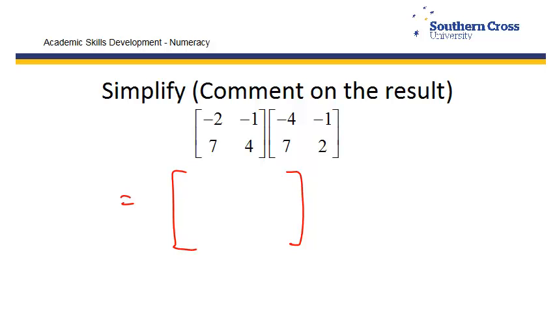So minus 2 times minus 4 is 8, and minus 1 times 7 is take away 7, so that's 1. Then the first row by the second column, minus 2 times minus 1 is 2. Subtract 1 times minus 2, which ends up being minus 2, so that's 0.